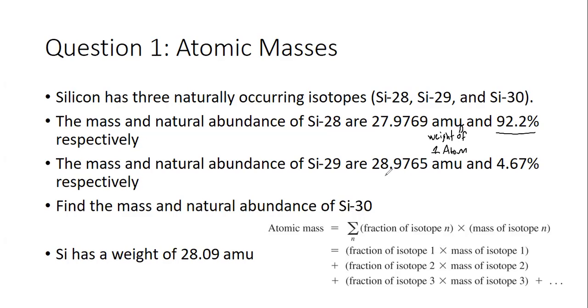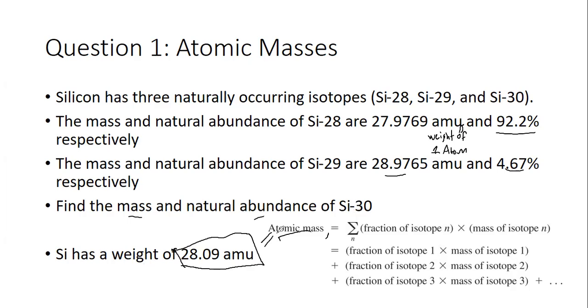Silicon 29, the weight is given, the abundance is given. What I want you to do for me is use this equation, the atomic mass equation. Tell me the mass and abundance of silicon 30 if the actual atomic mass of silicon is 28.09.